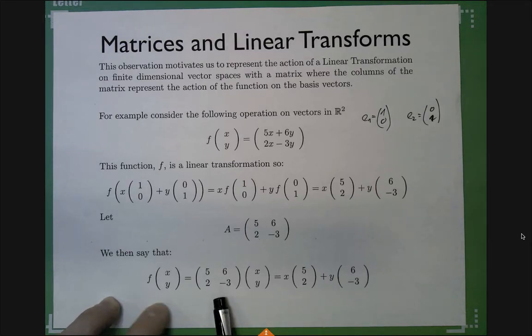So this is the matrix, that's a general vector of some xy coordinates, and that basically means the same thing. That's how matrix vector multiplication is defined. I will have a more general definition of matrix vector multiplication on one of the following slides. Let me give you another example.